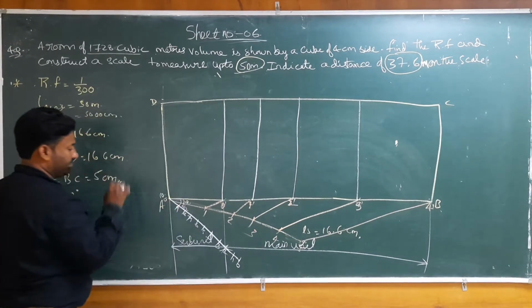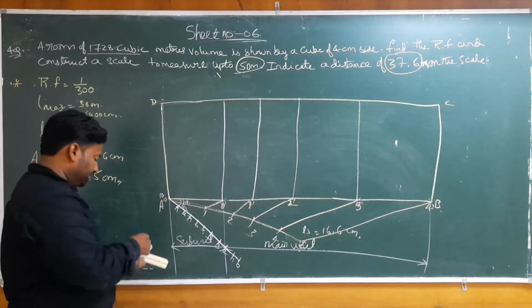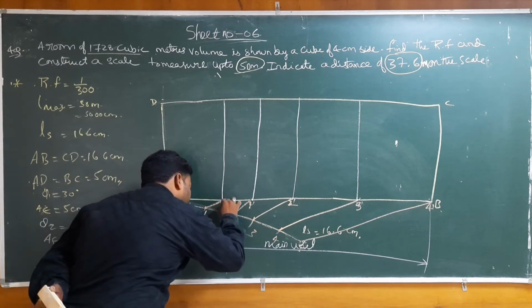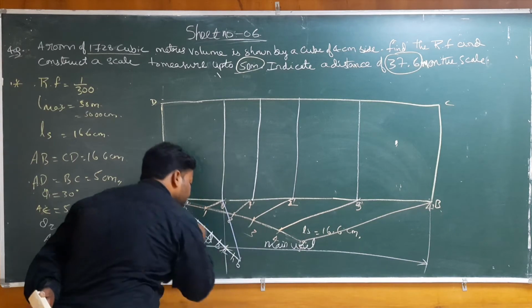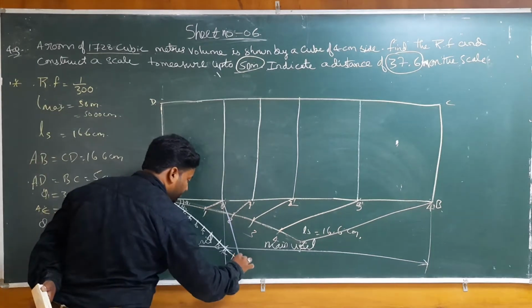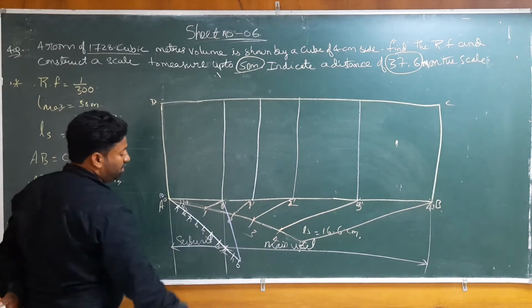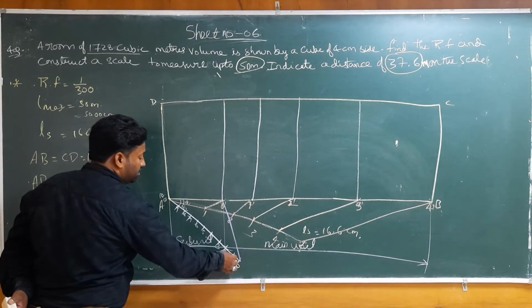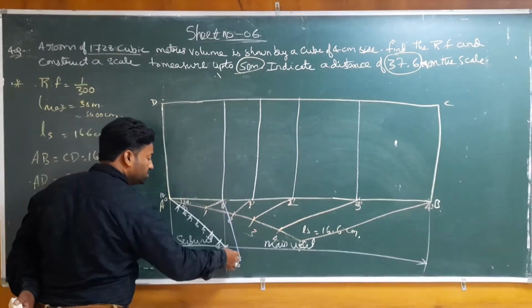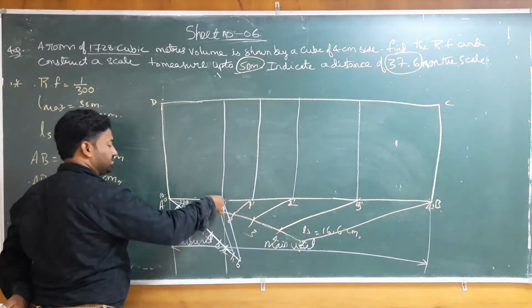That's 0 to 10. So now after that I have to draw a line 0 to 0. I have to join 0 to 0. Whatever line I am joining from 0 to 0, I have to draw another line from 1 to this base line, and this line should be parallel to 0 like this.